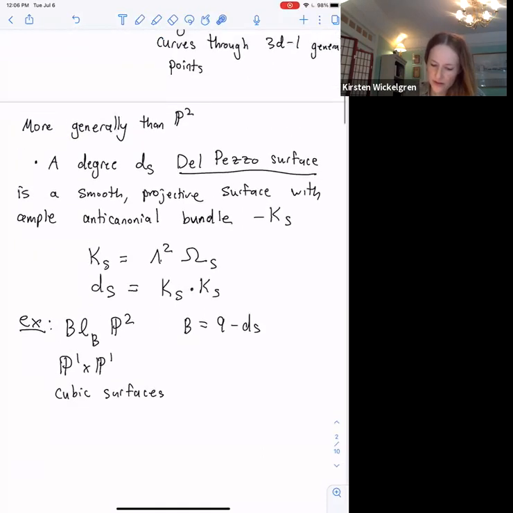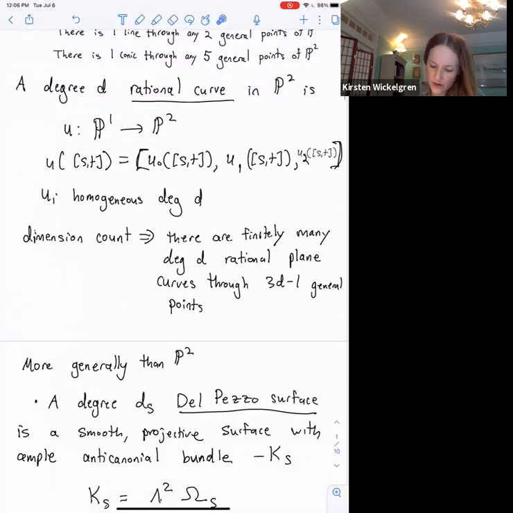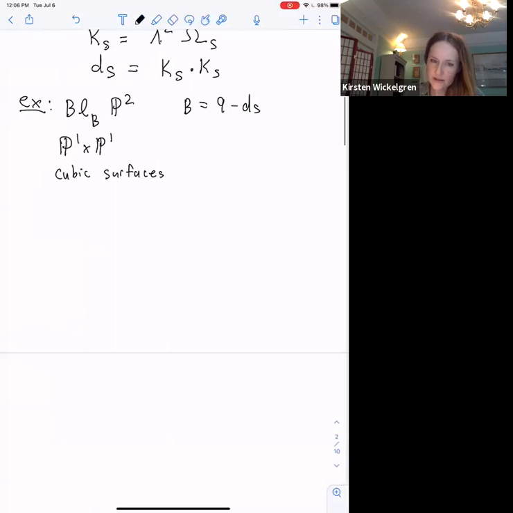So we wanted to count degree D rational curves, and the degree is now going to be a line bundle on S. If you take a generic section, you get a divisor.